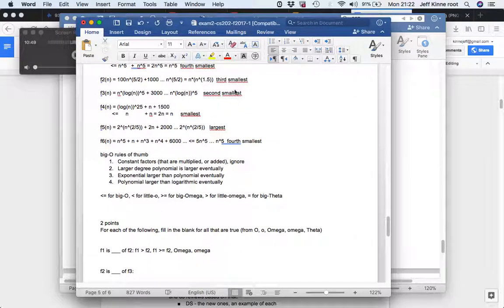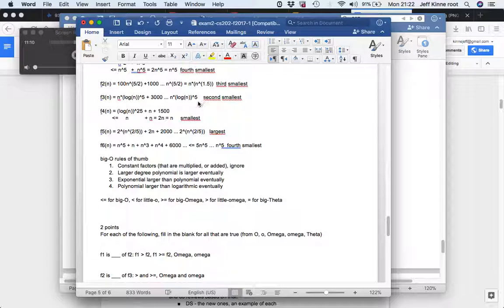F2 and F3, we look at F2 is n to the 5 halves, F3 is smaller. We already just said that, so this is going to be the same. It's going to be greater than and greater than or equal to. In other words, omega and omega. Okay, F3 versus F4.